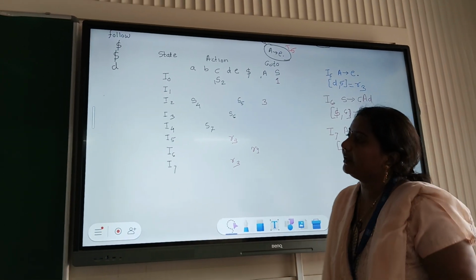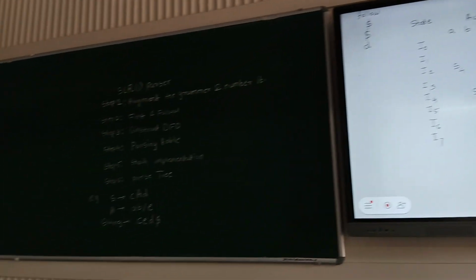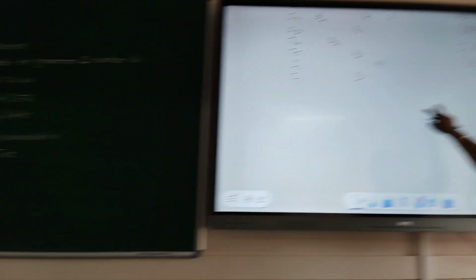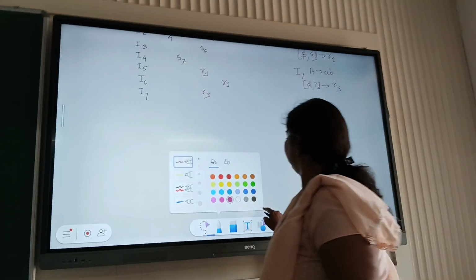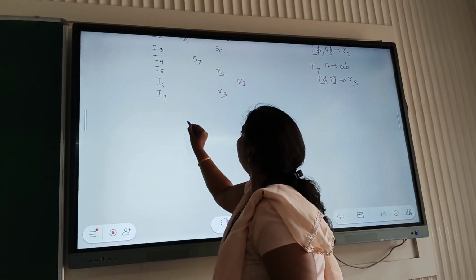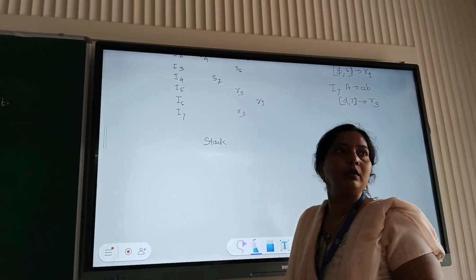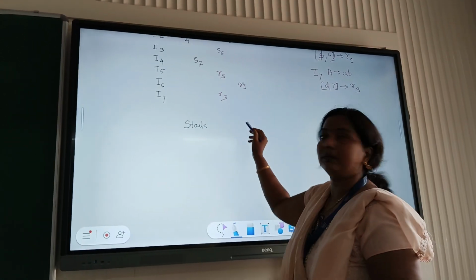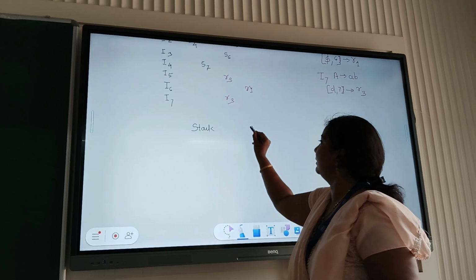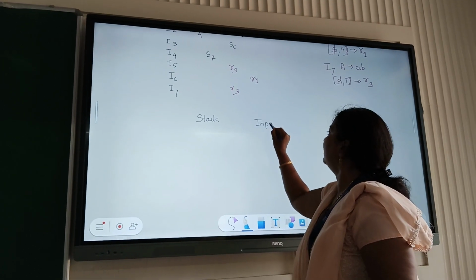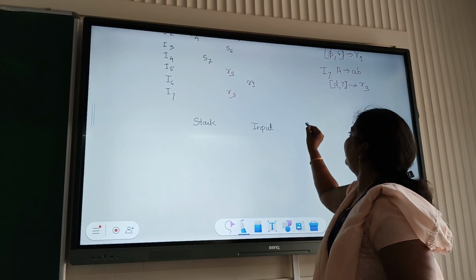Now next one is stack implementation. For stack implementation, as you know, stack, input and action.